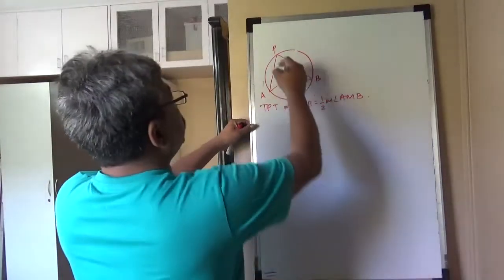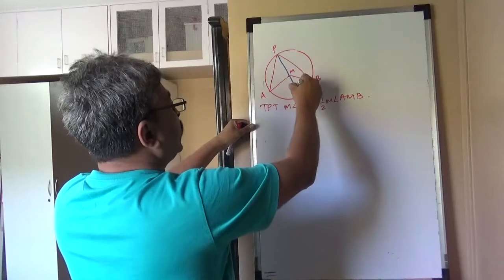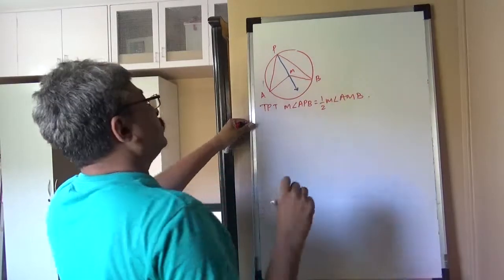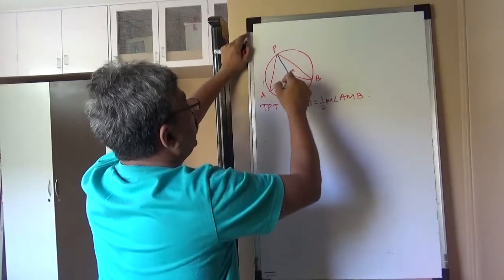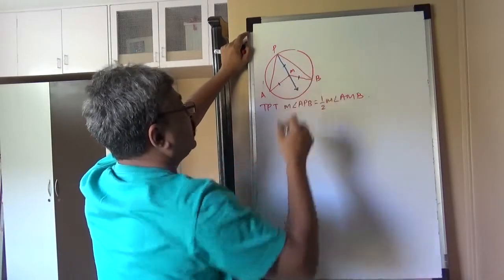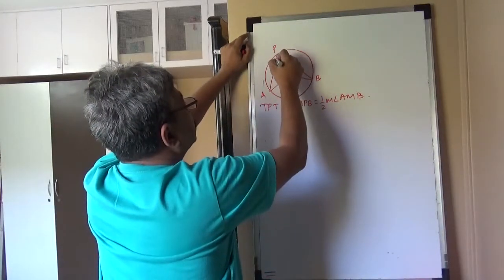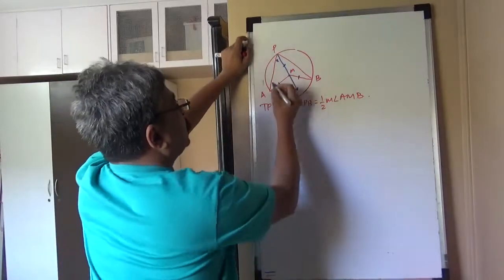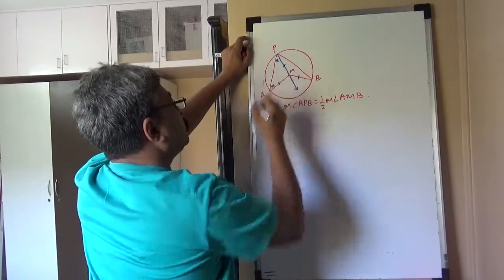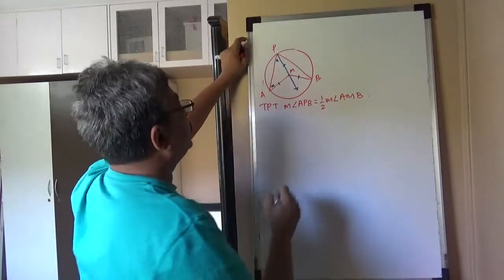Okay, the solution is: first join PM and extend. Now you will observe that MP, MA and MB are radii of the circle, therefore they are equal. Now suppose this angle MPA is X, then the isosceles triangle property will make this also X, because that triangle is isosceles.